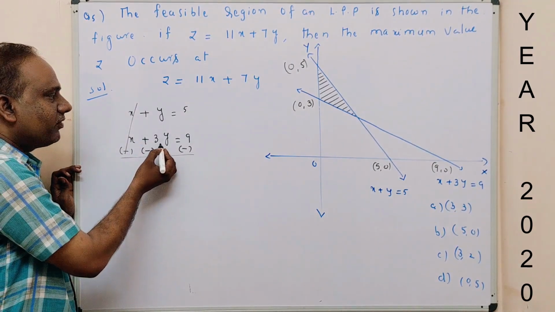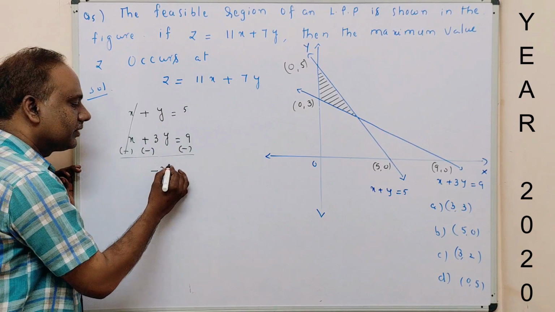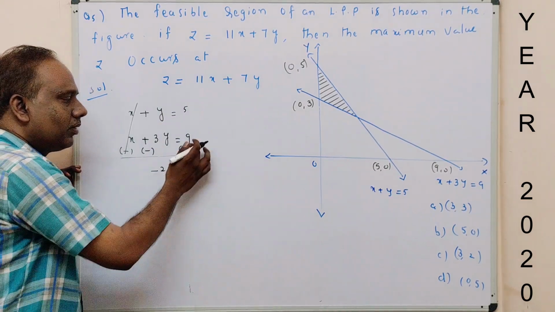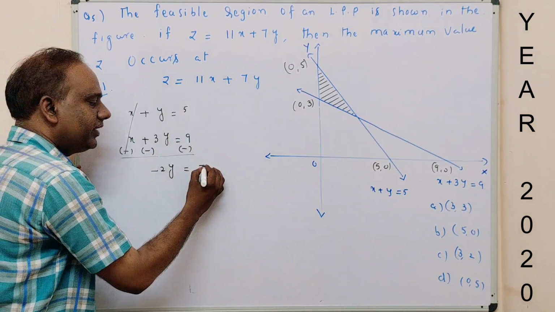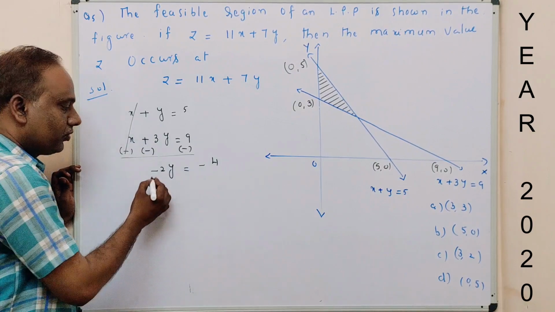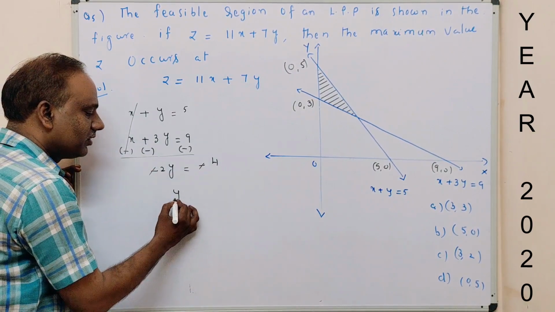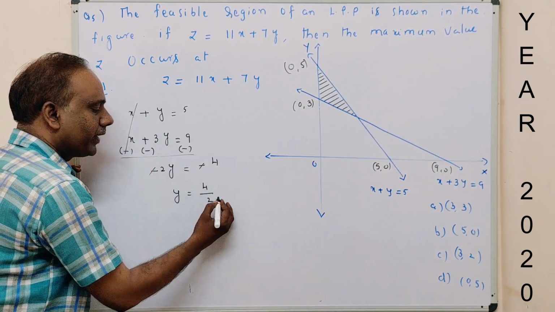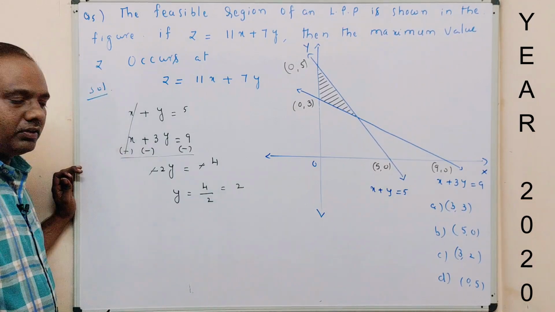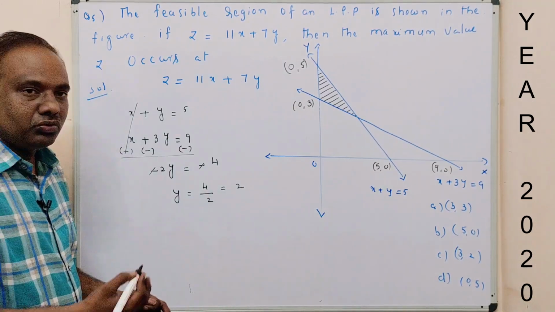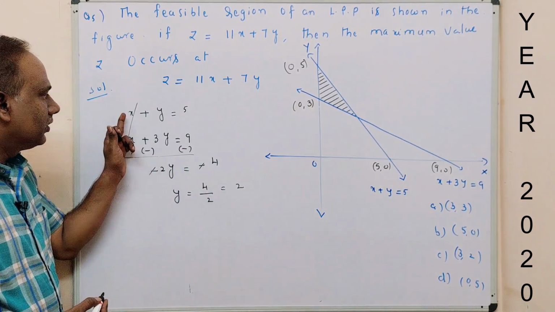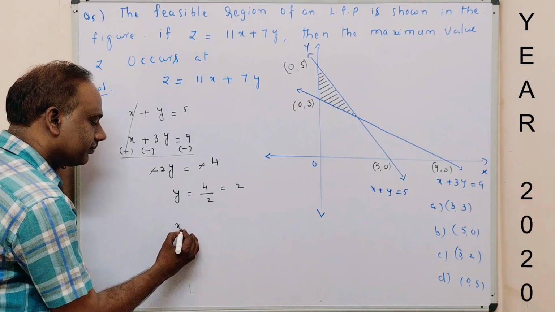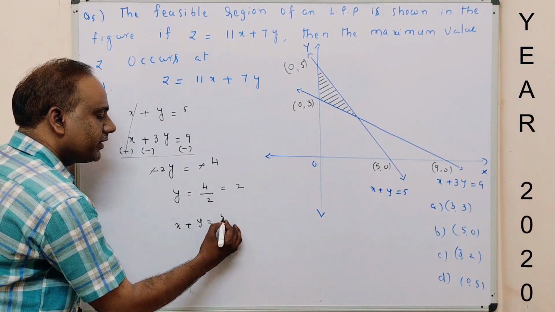It is minus 3y plus y is minus 2y, and minus 9 plus 5 is minus 4. So minus minus cancel, and y is equal to 4 by 2, which is 2. So the y value is 2. Now we calculate the x value. Take the equation x plus y is equal to 5.